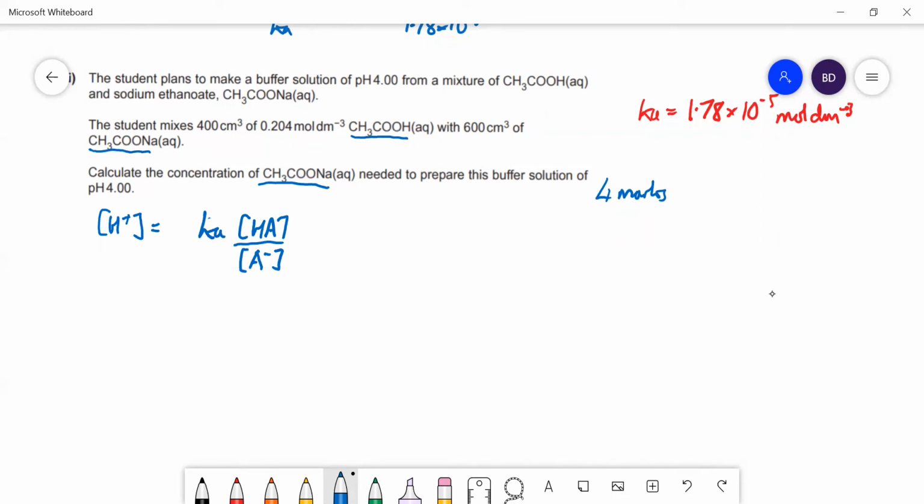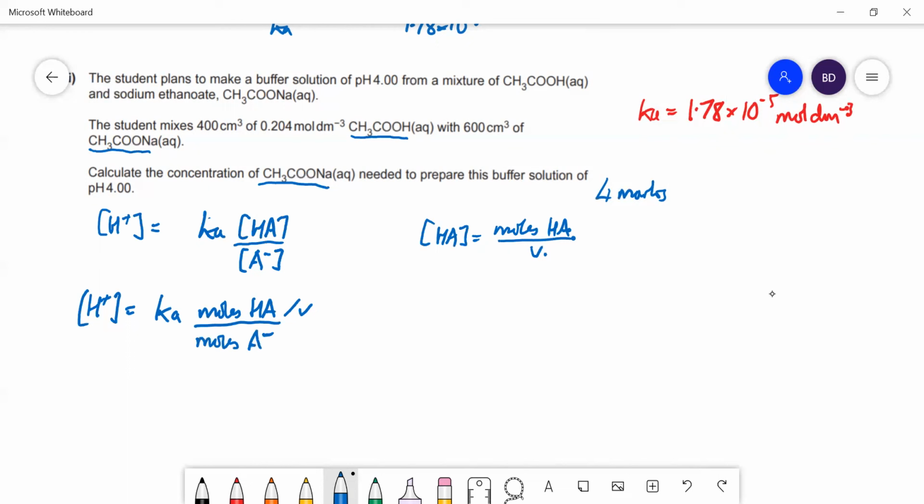So the hydrogen ion concentration, well, what's the concentration of HA? It's obviously the moles of HA over the volume, V. I'm just going to call it V, because those V's will cancel out. There's actually 1 dm cubed, that volume, but we don't really need to know what it is. So Ka is equal to moles of HA over V divided by the moles of A minus over V. Those V's are going to cancel out.